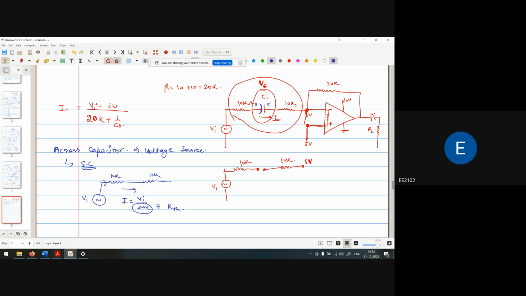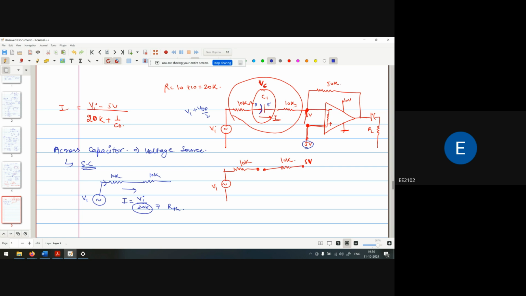You are using this capacitor because it is a single supply operation. So in single supply operation, what we are providing here is the VDD by 2, and the input voltage is VI plus VDD by 2.